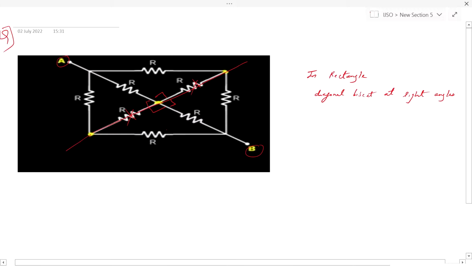So it's 2R, 2R, and 2R in parallel. So RAB will be equal to 2R, 2R, 2R.